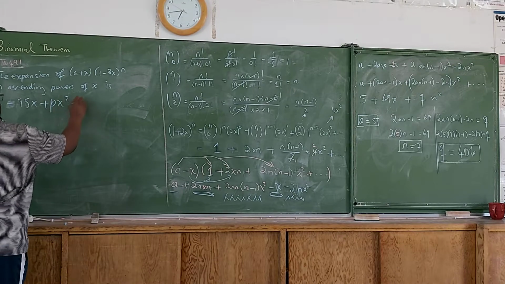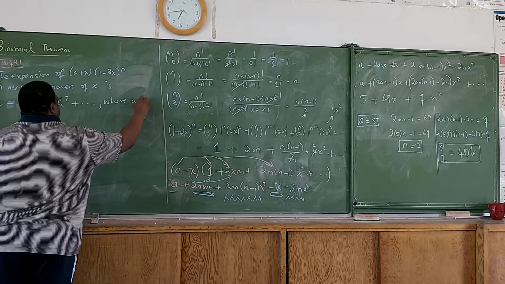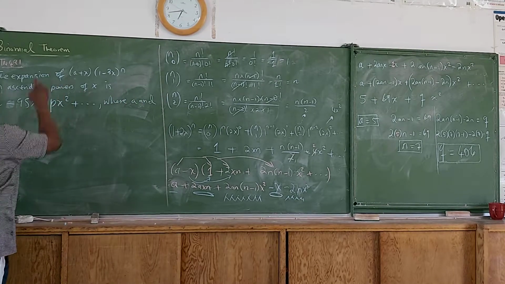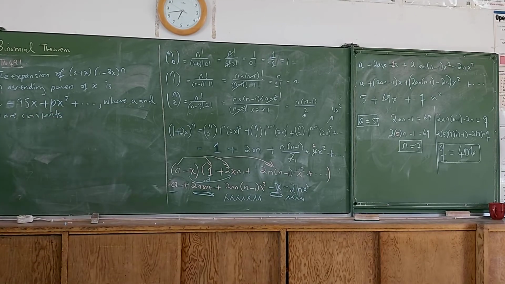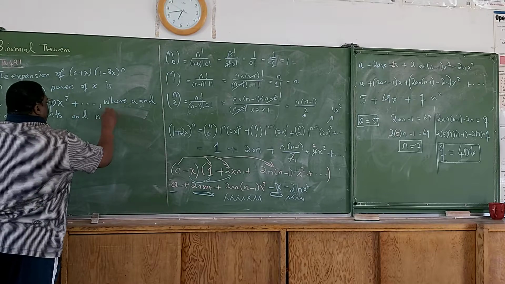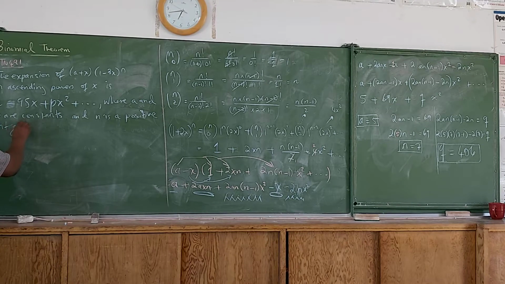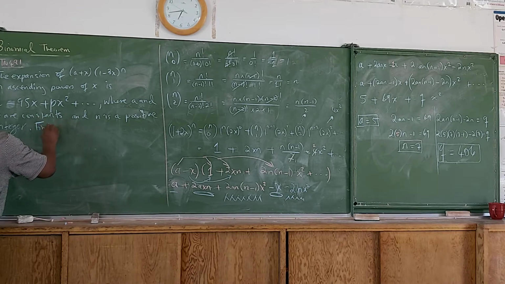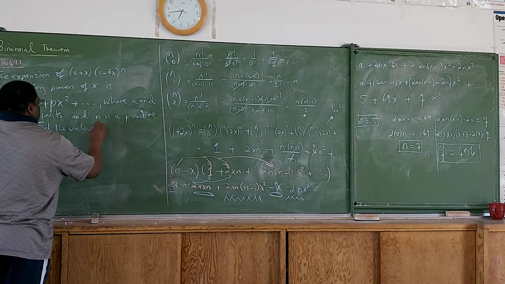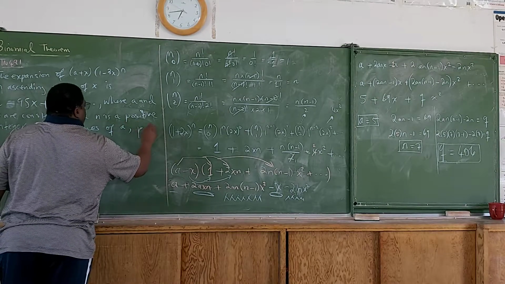Plus px squared and so on, where a and p are constants and n is a positive integer. Find the values of a. So it's very similar to the previous question.